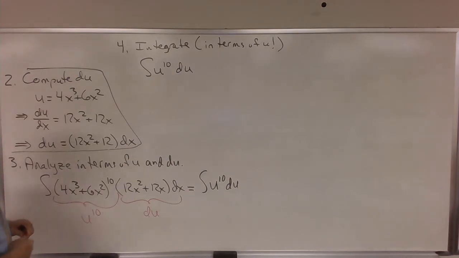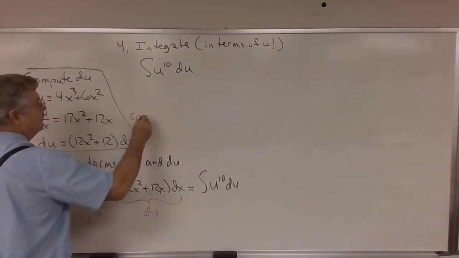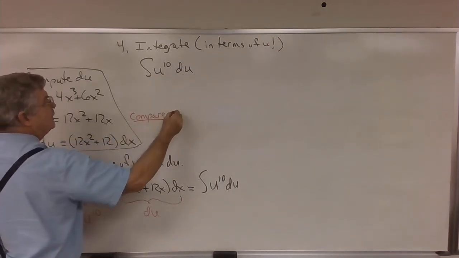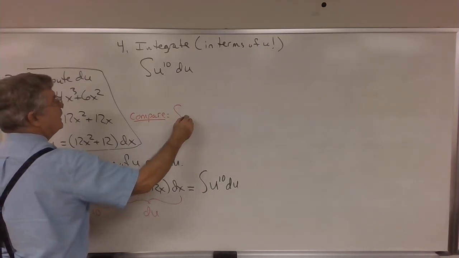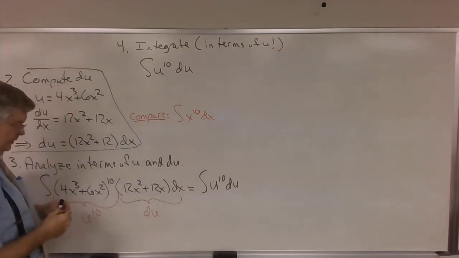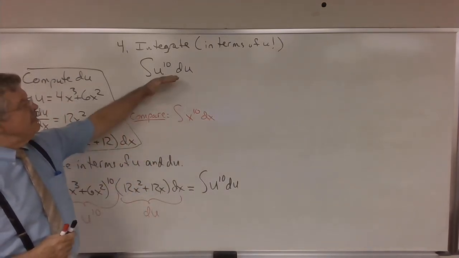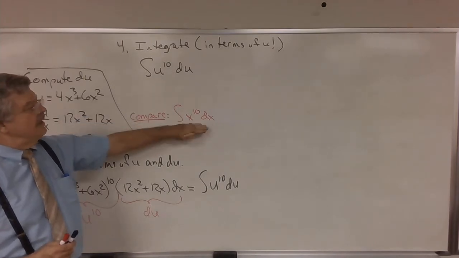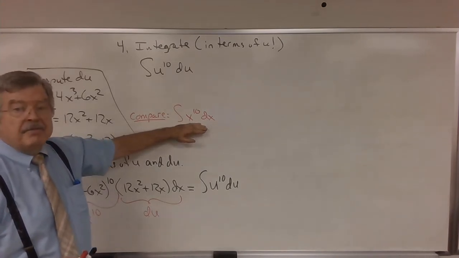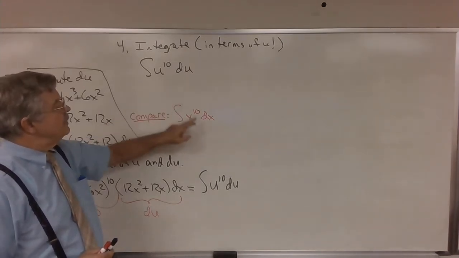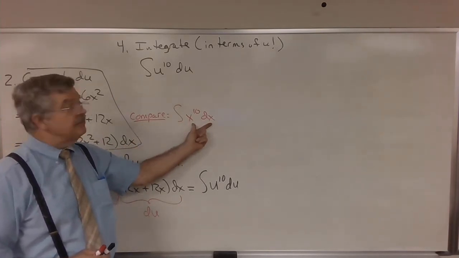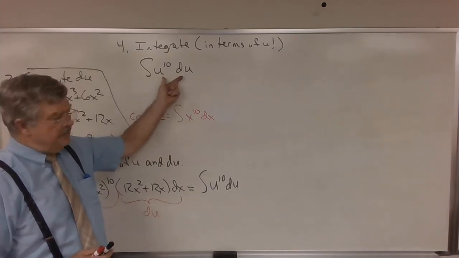Now before I do, let's compare something. Let's compare this with the analogous statement in terms of x. And again, I ask, what's the only difference between this and this? They're exactly the same thing. It's just that one is written in terms of u and one is written in terms of x. So whatever this does in terms of x, this is going to do in terms of u.